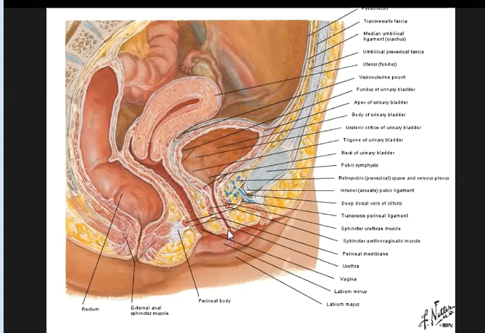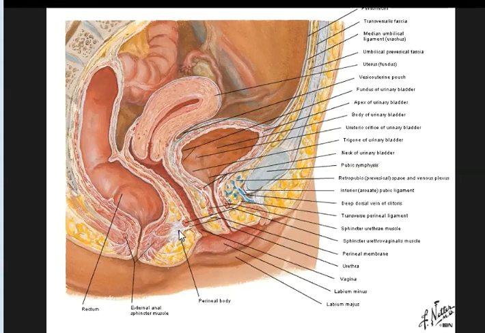Here is the orifice of the urethra, and here is the orifice for the vagina, with the hymen partly closing this orifice. Posterior to the vagina is the perineal body. I told you in the male, posterior to the prostate located here, there is no vagina, but here it is filled by the perineal body.